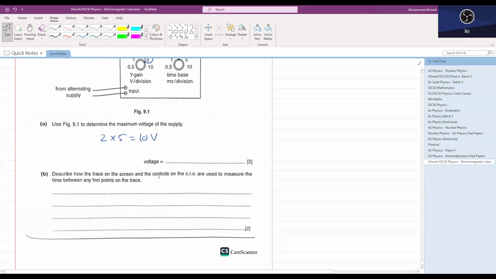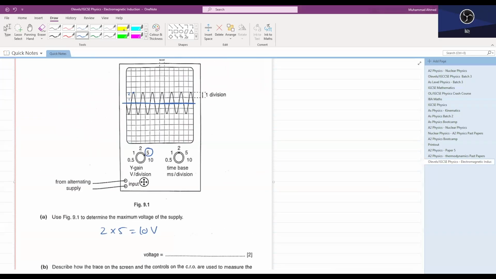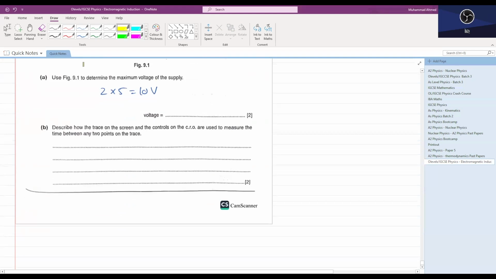Describe how the trace on the screen and the controls on the CRO are used to measure the time between 2 points on the trace. How can we calculate the time between 2 points on a trace using the CRO controls? First of all, count the number of boxes between 2 points on the trace.